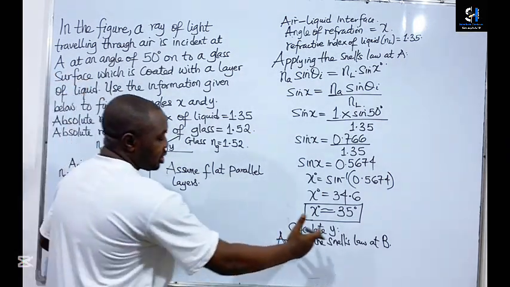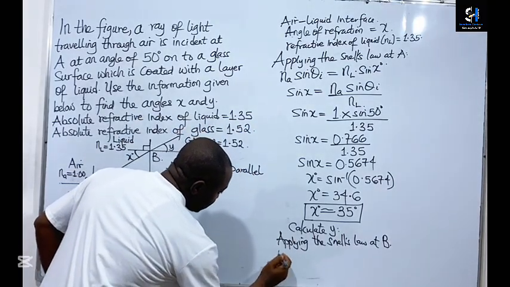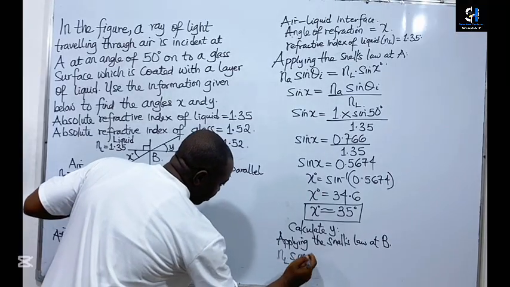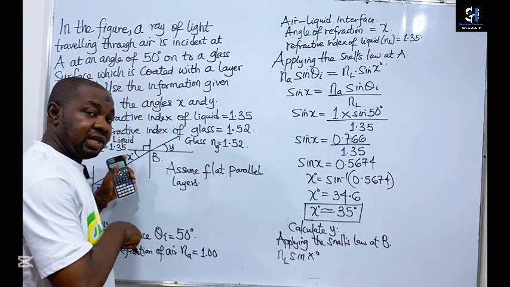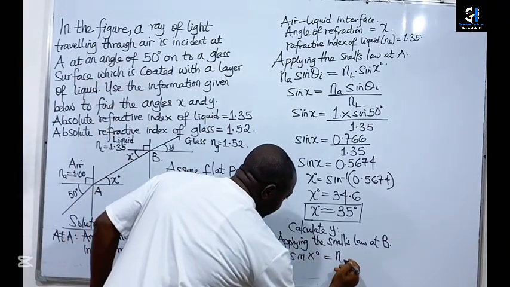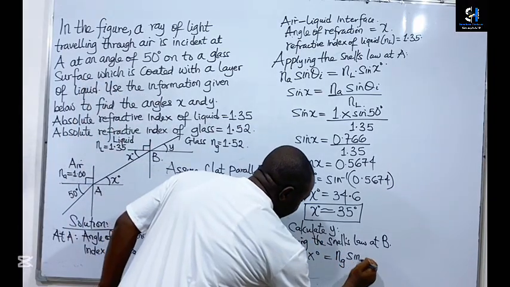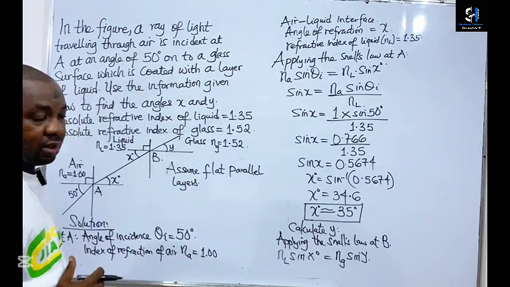Applying Snell's law at B, we have the index of refraction of the liquid multiplied by sine of angle x, the incident angle, equals the index of refraction of the glass multiplied by sine of the angle of refraction, y.